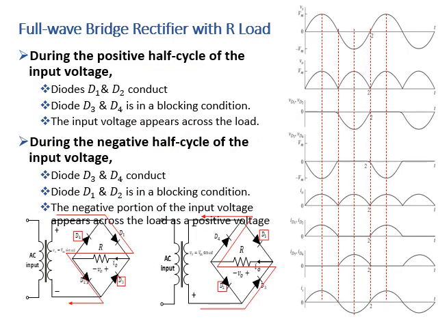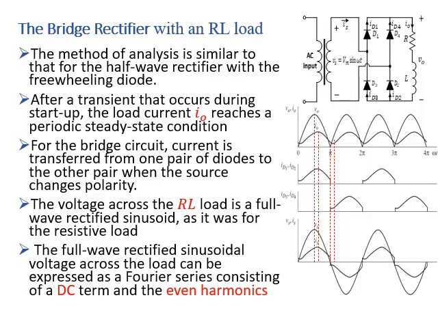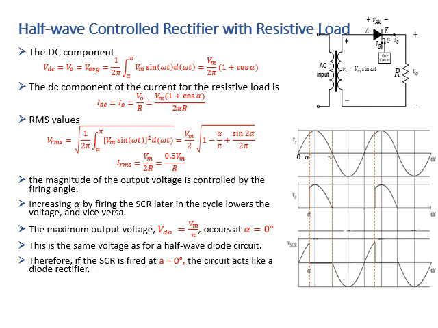Similarly, we have also analyzed the full wave bridge rectifier with R load. We learned its complete operation using resistive and inductive load. After the uncontrolled sections, we studied the controlled rectifiers, starting from the half wave controlled rectifier with resistive load.